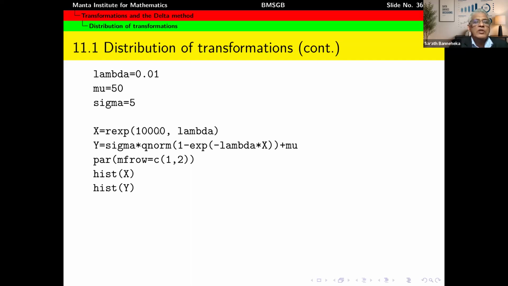So let's consider 10,000 random numbers from an exponential distribution with lambda equal to 0.1. So x is equal to rexp(10000, lambda). That will give exponential data. Then I am just using the complete transformation at once. Y is equal to sigma times qnorm, that is that capital phi inverse function, of 1 minus exp(minus lambda times x), plus mu.